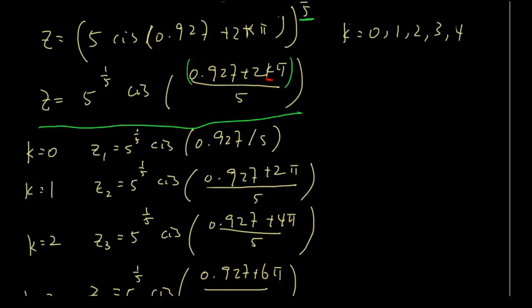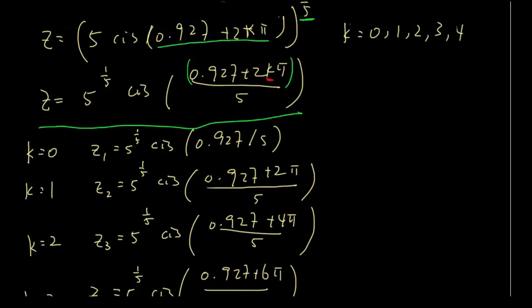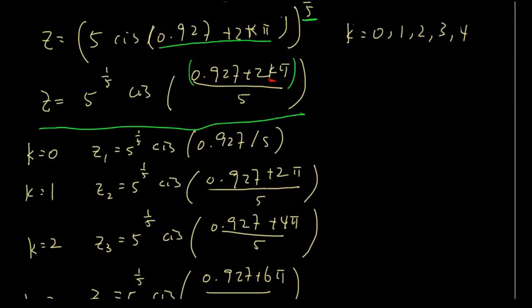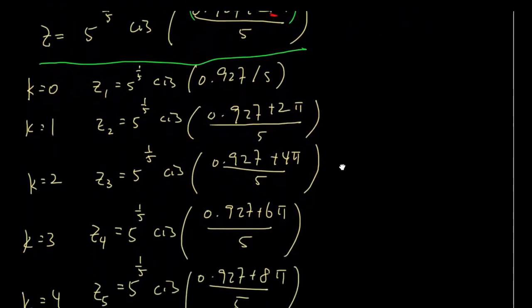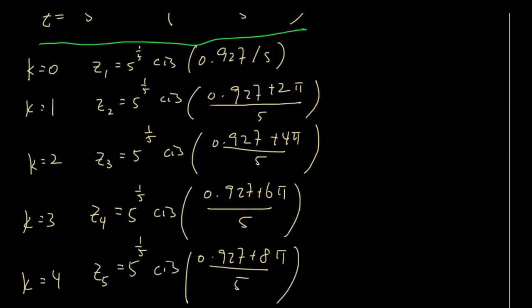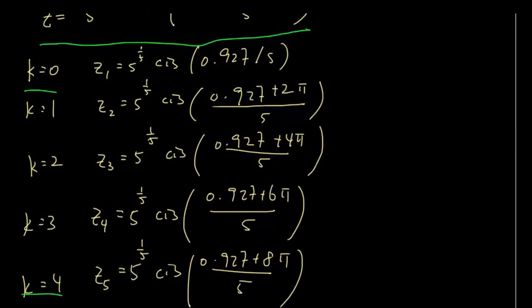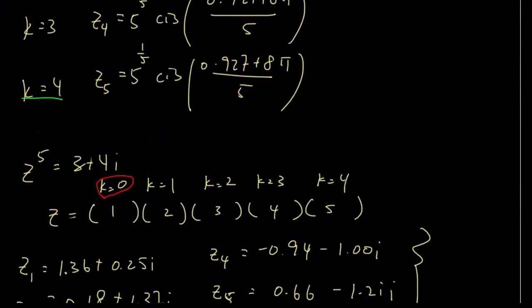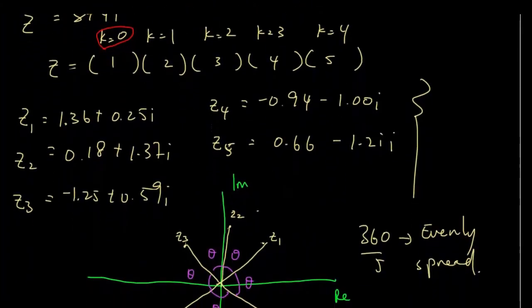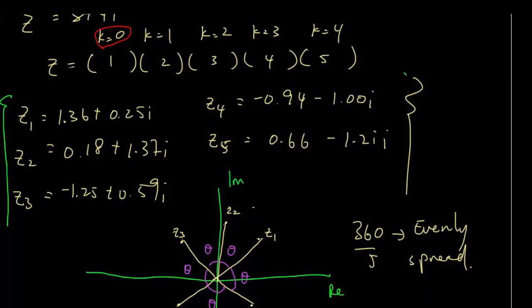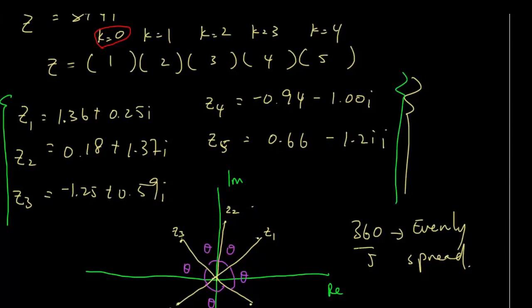So this whole thing is divided by whatever power it is raised to. We iterate from k equals 0 all the way to k equals 4, and we obtain the rectangular form here. That is our solution.